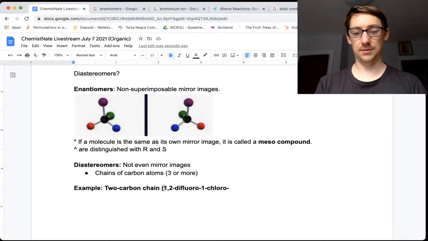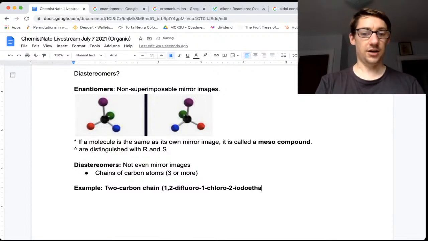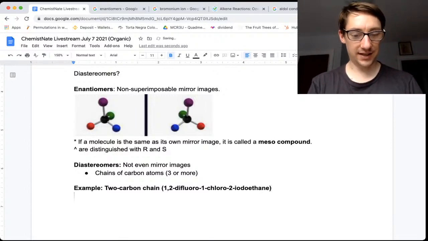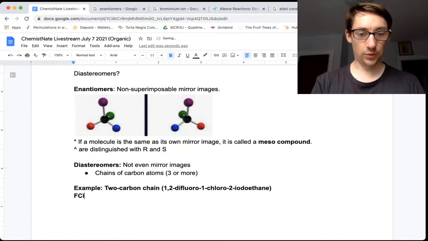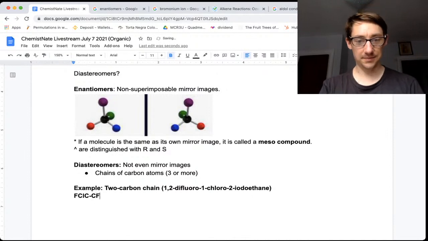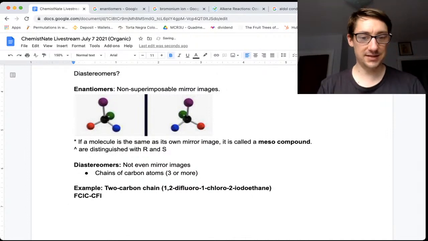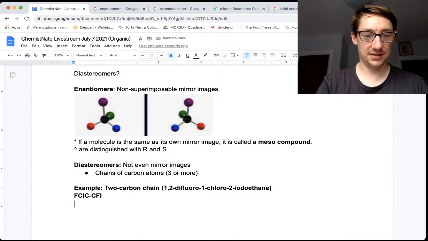I have no idea what I'm doing. Okay, all I'm trying to get across there is that you have FCl on one carbon, single bonded to an FI on the other, so that each of the carbons has a chiral center.